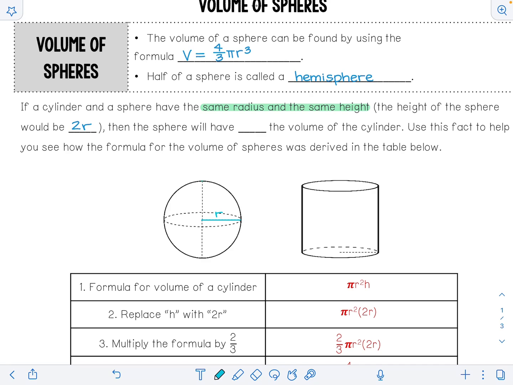So if we went from the top of the sphere all the way to the bottom, which is technically representing its height, that would be the diameter, or 2 of the radii. And then of course we have our cylinder, which would have the same radius, and then we would also want its height to be 2 of the radius.